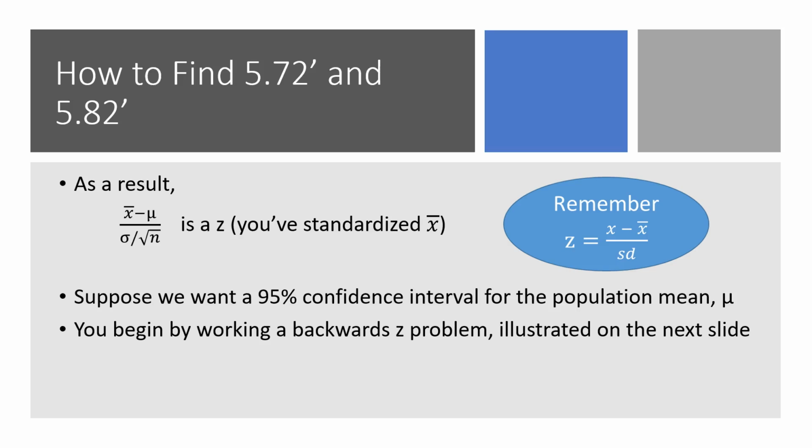That would be your population sigma over the square root of your sample size. So basically what you're doing is taking your sample mean and standardizing it using the z-score.